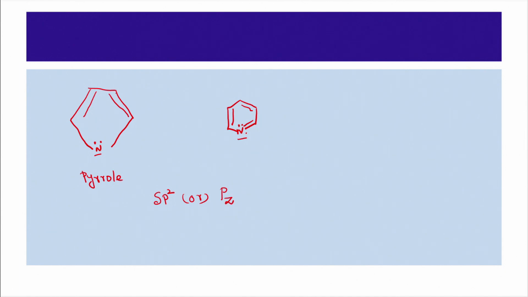In the case of pyridine, we put the lone pair on the sp2 hybridized orbital and one electron in the pz orbital. Because here we have 5 carbons, 1, 2, 3, 4 and 5, all of them have 1 electron in the pz orbital.